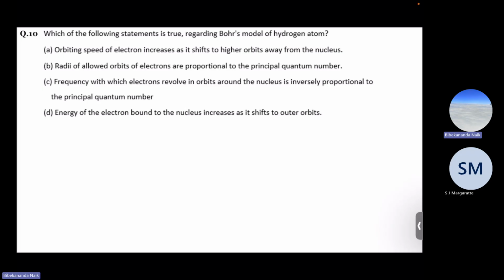Or option D, energy of the electron bound to the nucleus increases as it shifts to outer orbits. We need to find out the statement which is true. Each statement requires some analysis, so I'll give you a few minutes, and then we will discuss.